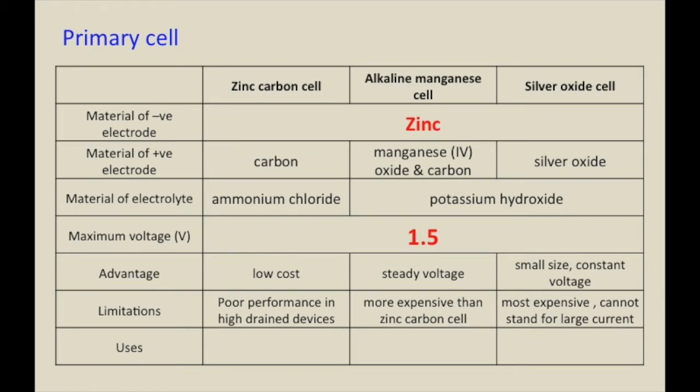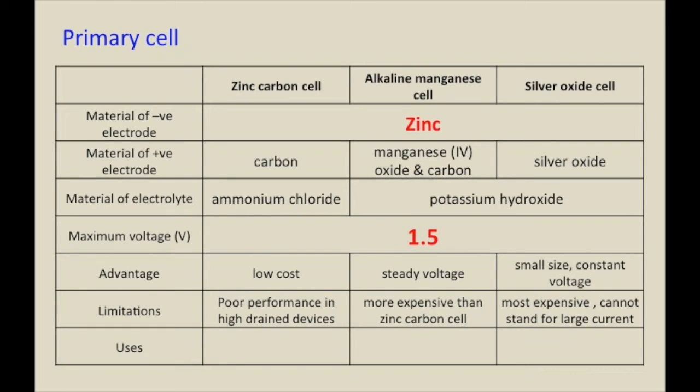For example, the flash in a camera, okay, they will use a lot of electrical energy. So if you use a zinc carbon cell, their performance will be very, very poor, because the voltage will drop easily. For the alkaline manganese cell, they will have steady voltage.